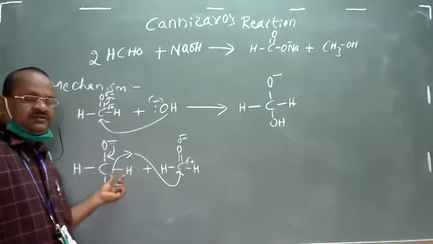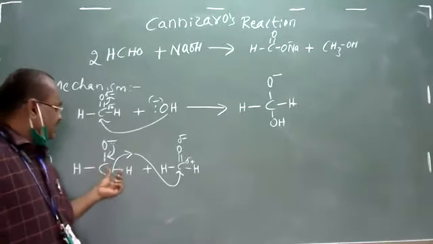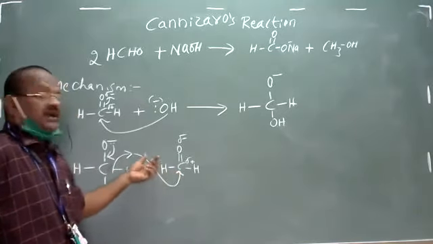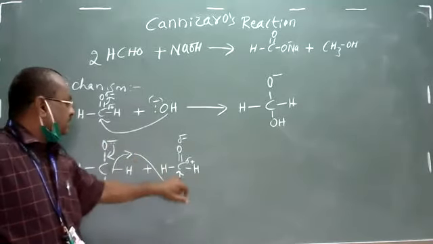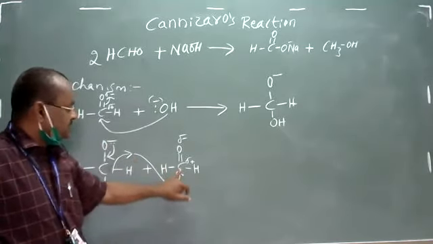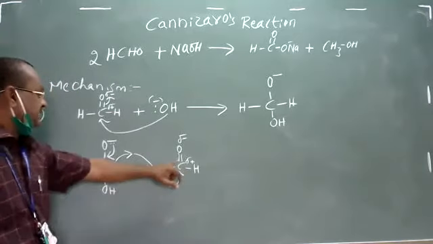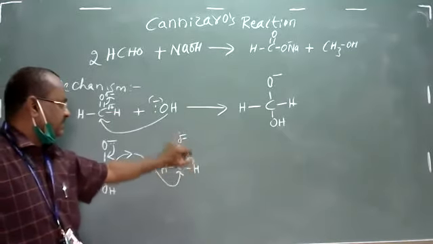Hydrogen taking the bond electrons, leaving behind the carbon, comes out as hydride ion, H with 2 electrons, that is H minus. That nucleophile is going to attack this carbonyl carbon, because of its deficiency of electrons, creating delta plus and delta minus.